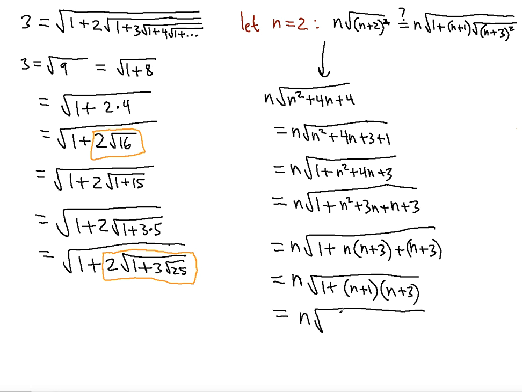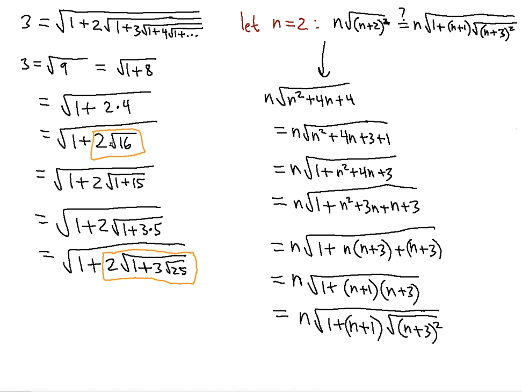We have 1 plus n plus 1, and n plus 3, as we decided, can be written as the square root of the squared n plus 3, because the square root of the squared n plus 3 is n plus 3 itself, like it was in the previous step.